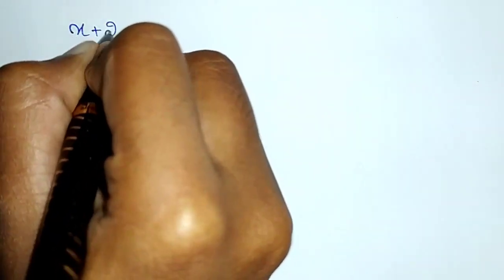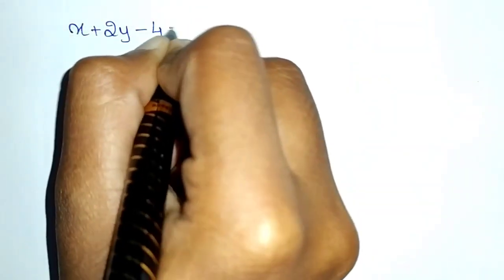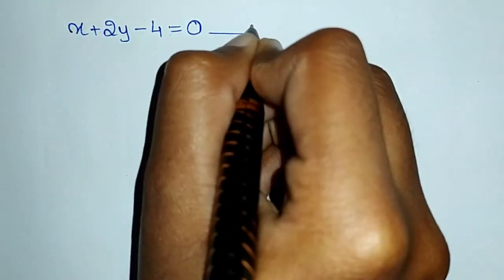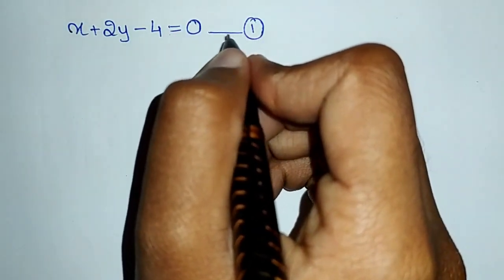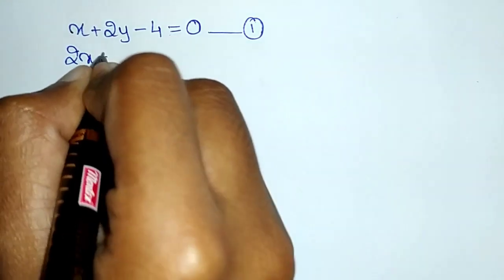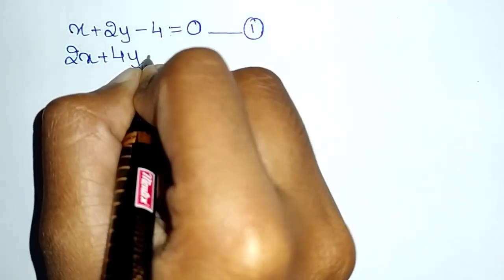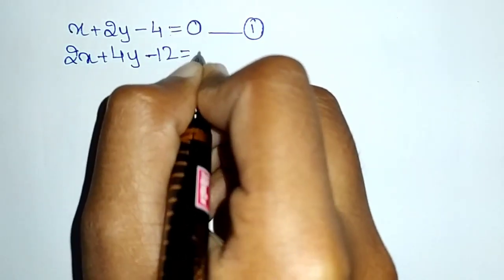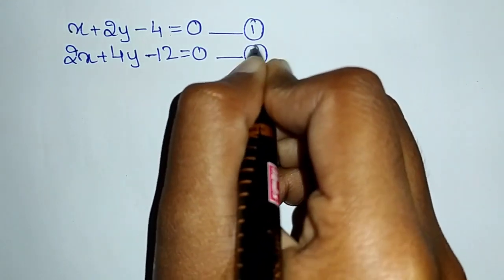Now let us look at another pair of equations, that is x plus 2y minus 4 is equal to 0. This is our equation 1. And 2x plus 4y minus 12 is equal to 0. This is our second equation.